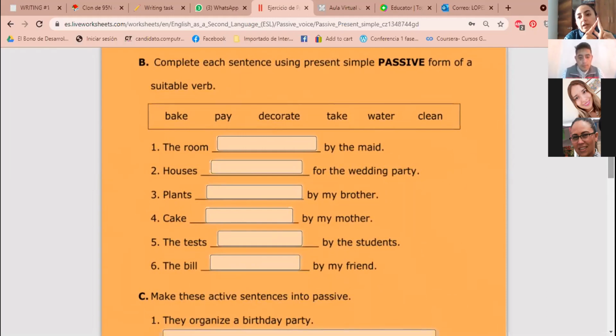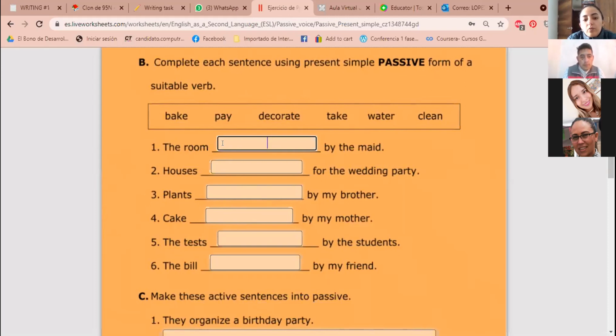Y la segunda, el verbo tenía que ir ¿en qué tiempo? En pasado participio, teacher. Exacto, pasado participio. Entonces, vamos a ocupar esa regla para completar estas 6 oraciones.